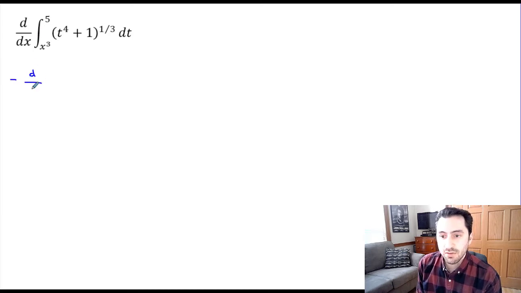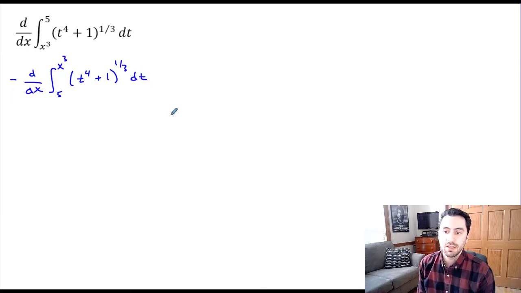So negative d over dx, and then here we're going to have the integral from 5 to x cubed. And everything on the inside will stay as is, so t to the 4th plus 1 to the 1/3 power, and then dt.